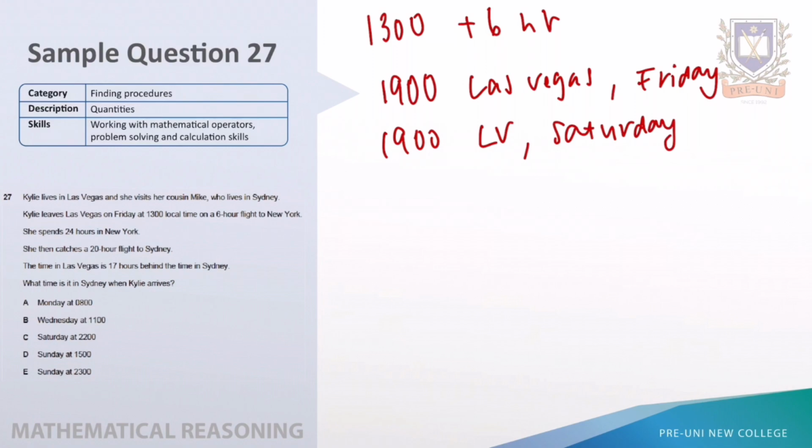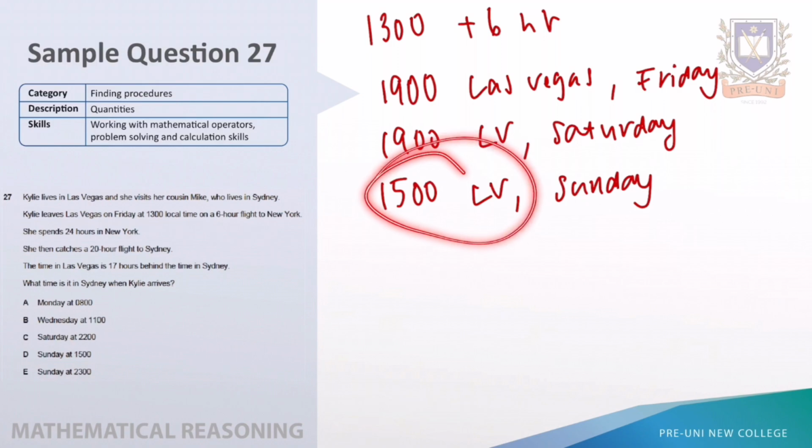And then we know that she catches a 20-hour flight to Sydney. So we want to count from 7 p.m. on a Saturday plus 20 hours, which makes it 3 p.m. Las Vegas time on a Sunday when she arrives in Sydney. But now she's in Sydney, we want to account for the time that she has arrived in Sydney. We know that Las Vegas is 17 hours behind in Sydney.